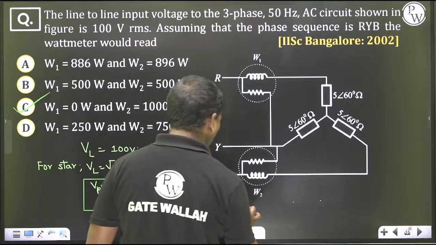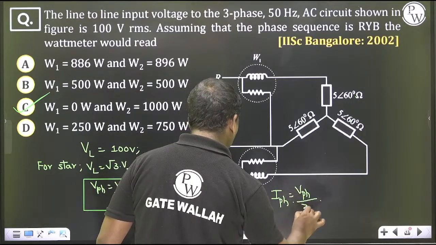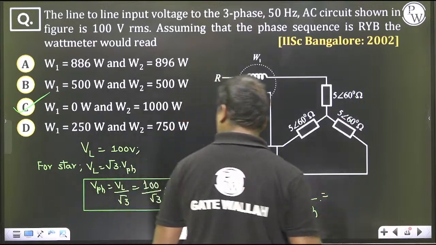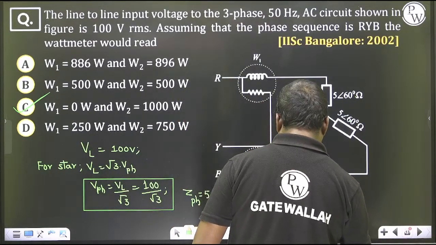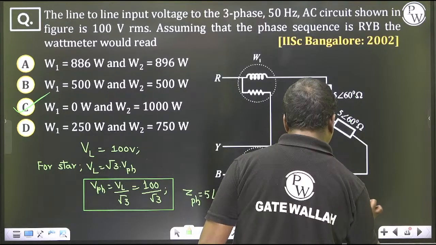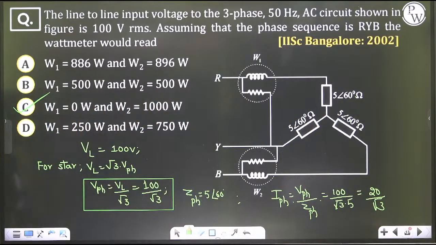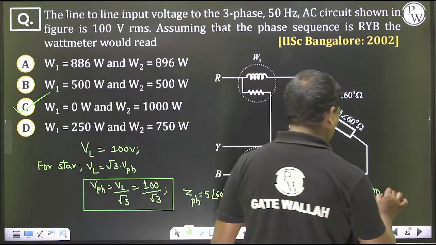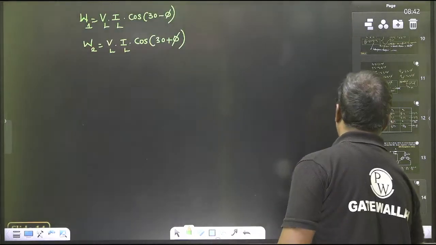So we can find out the IPH. IPH is equal to VPH by ZPH. So that is 100 by root 3 into 5, that is 20 by root 3. Am I right or not? The magnitude is 20 by root 3, and the angle is minus 60 degrees. So now you can substitute this information here.